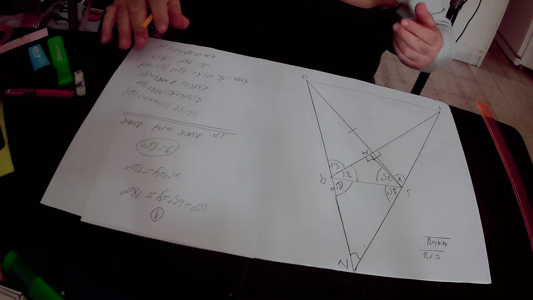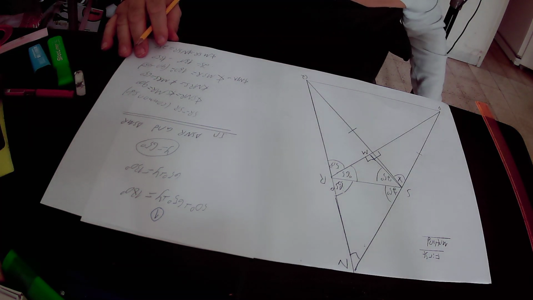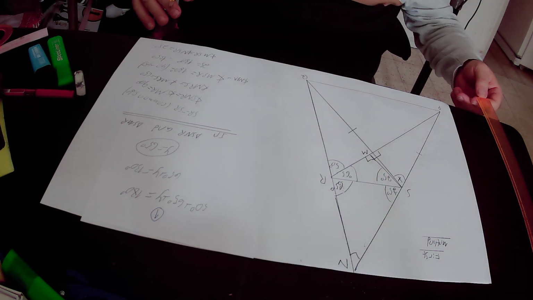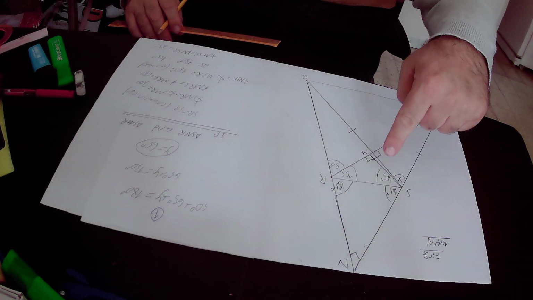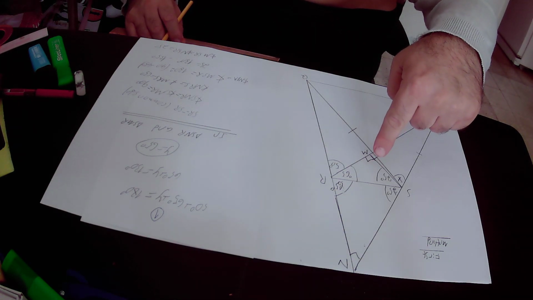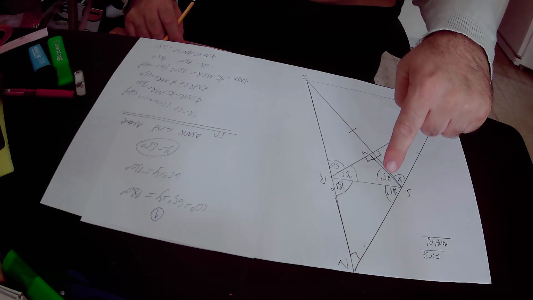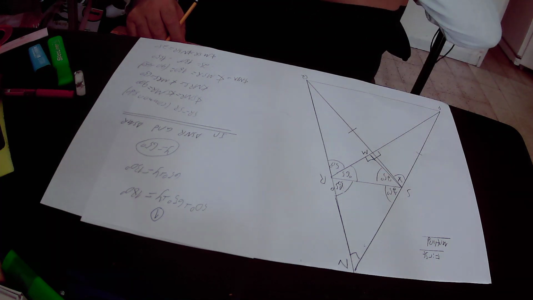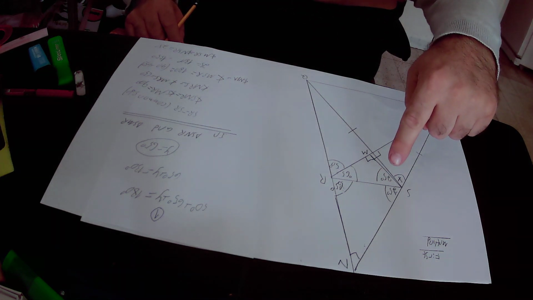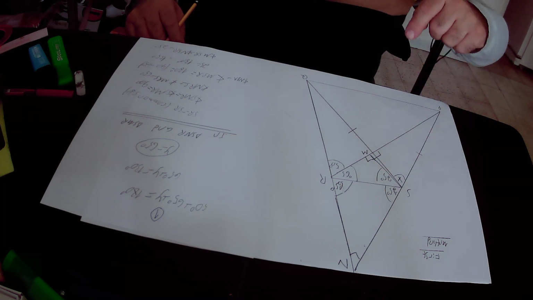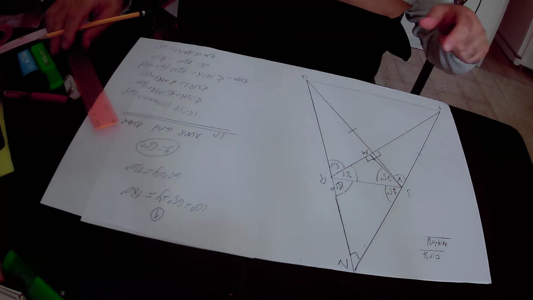Okay, so we found out that three angles of the right triangle SMR are equal to the corresponding three angles of triangle SNR, and also we have a common side.